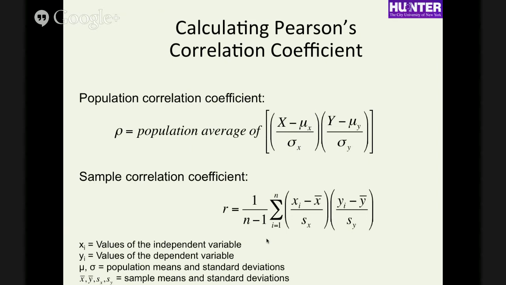It's not difficult to do, but you're usually doing it with SPSS. But the useful thing I think here is just being able to look at this and see how it's almost an equivalent of calculating the variance, but it's between two different variables instead of just the variance of a single variable.